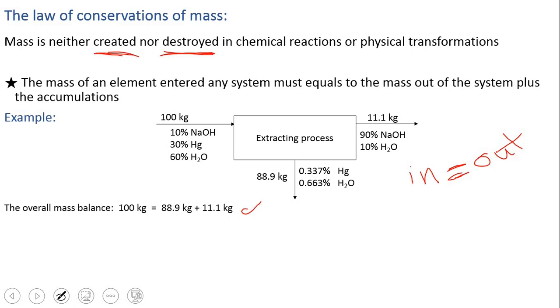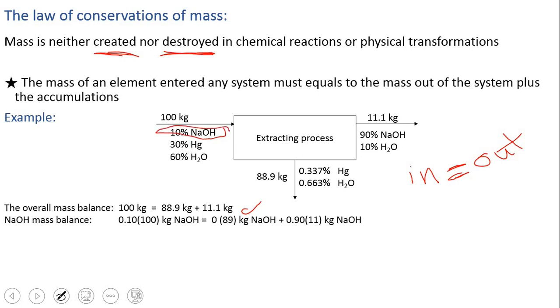So let's now try to analyze what is happening with the NaOH. If we apply the law of conservation of mass to the NaOH, we can see that the amount of NaOH entering is 10% of the 100. So if you want to get how much NaOH is entering, you multiply the percent composition times the stream flow rate.